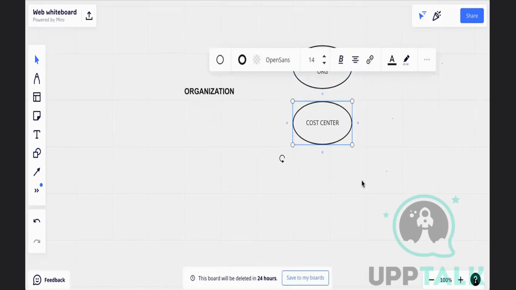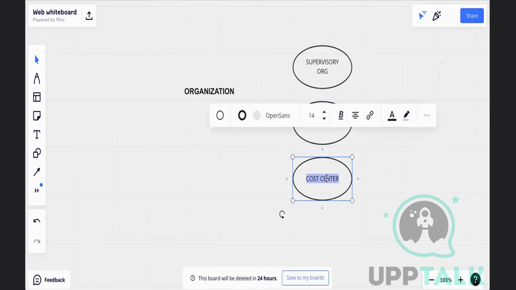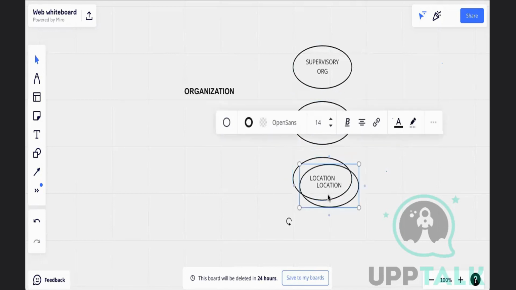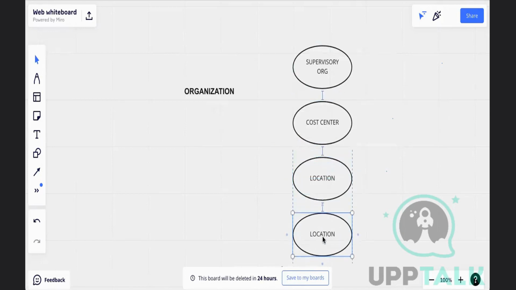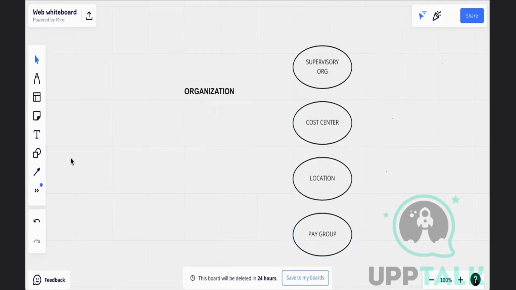Cost center, something similar to this. Location, something similar to this. And so on and so forth.